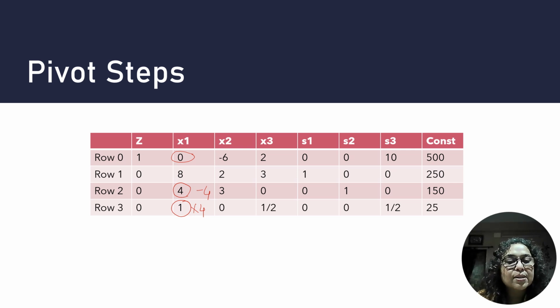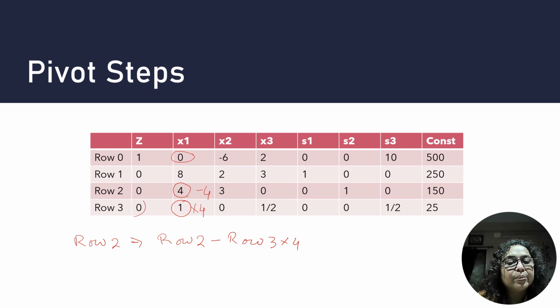So how does this step go? We have the new row 2 in this form. That is, row 2 is the row 2 that is existing minus row 3 into 4.